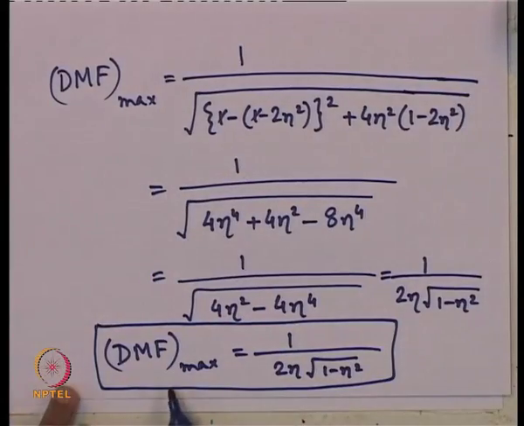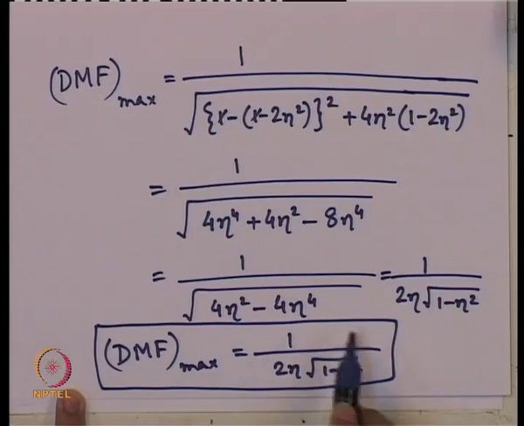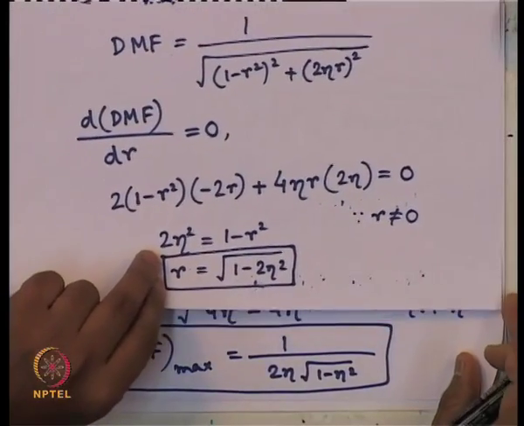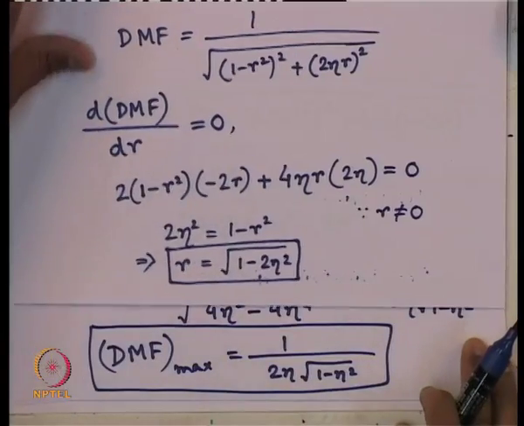So, the maximum value of dynamic magnification factor for an undamped case, that is when eta is 0, is infinity. That gets cross-checked from this expression also. But when eta has some value, where the maximum occurs, let us look back again at this expression of r where the maximum occurs.